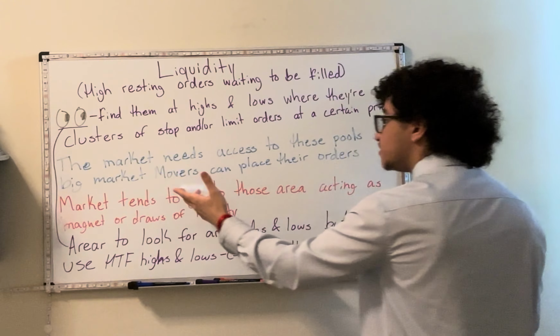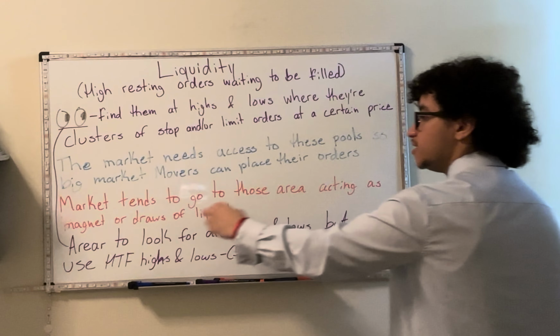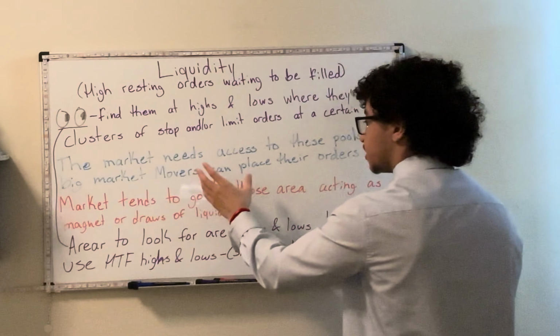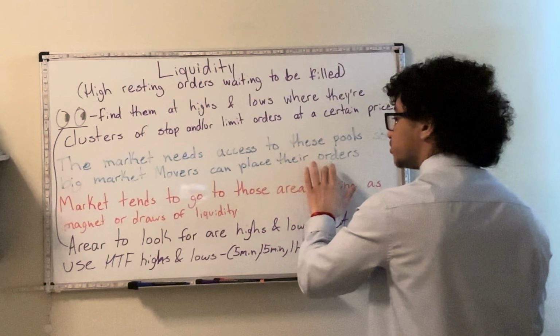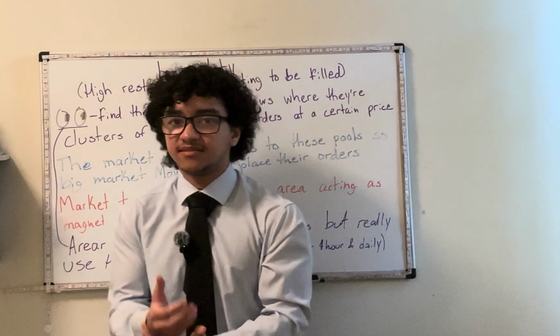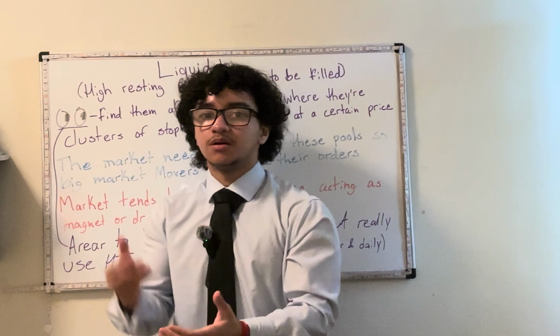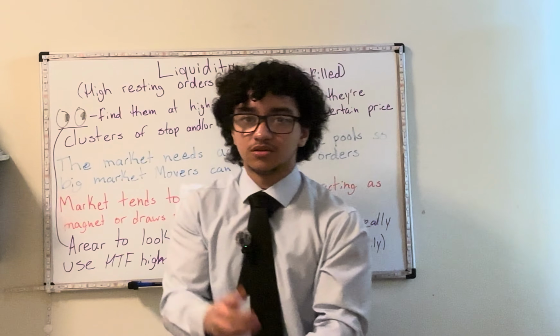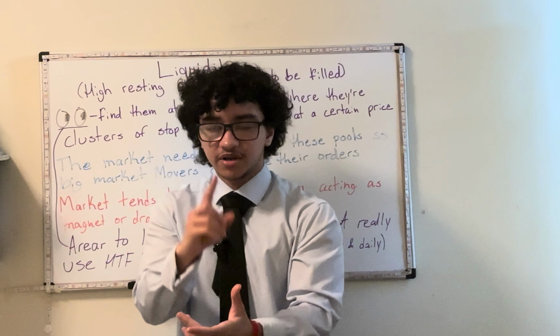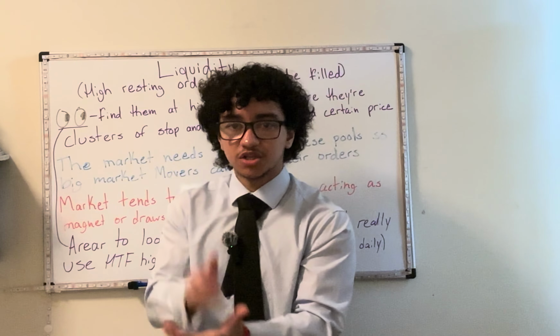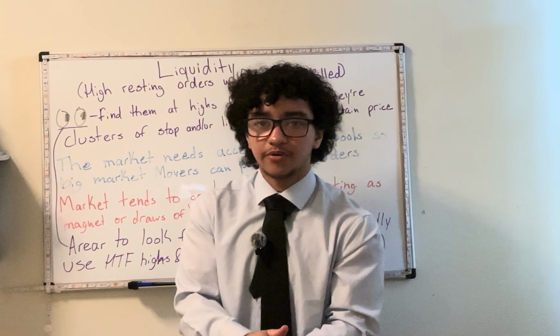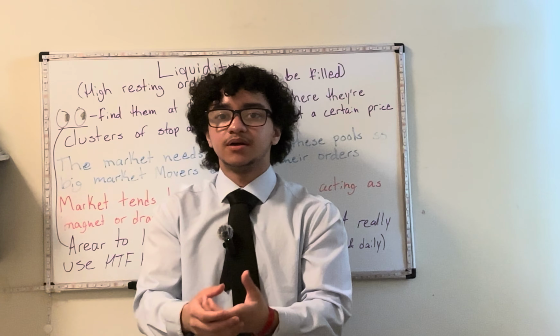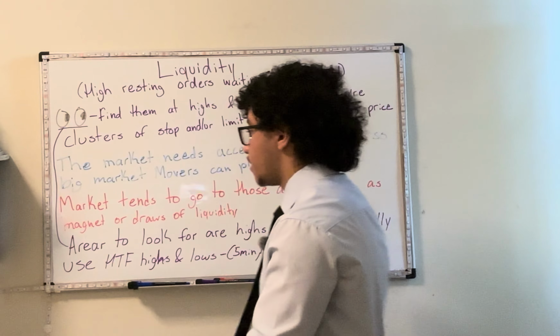The market needs access to those pools so big market movers like banks can place their orders. So that's why they're going to push the price down to those draws on liquidity. They push the price down to that point so they can buy it back up and win on the trade.